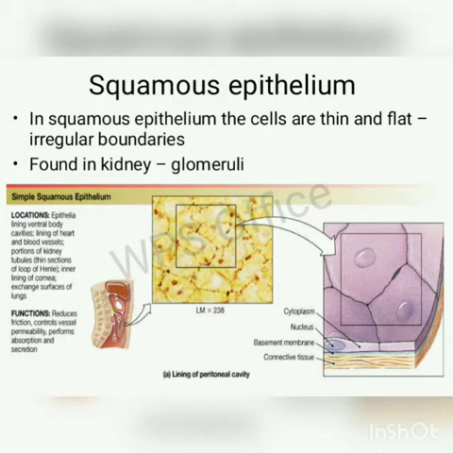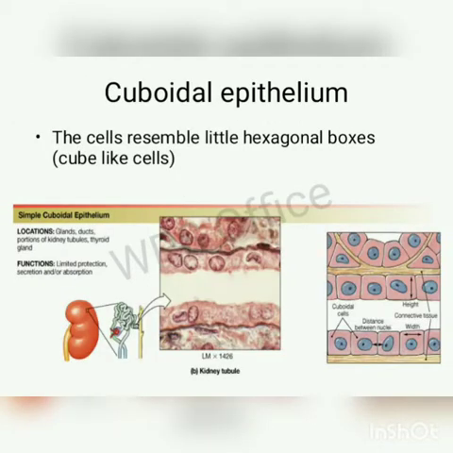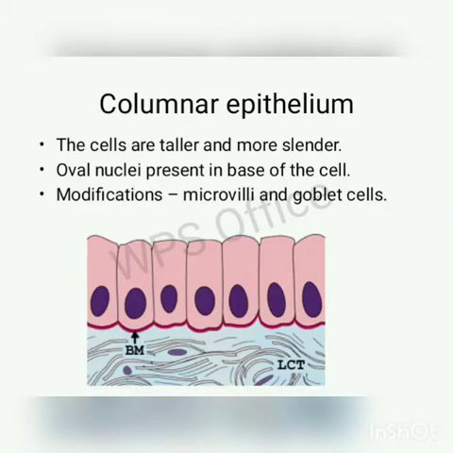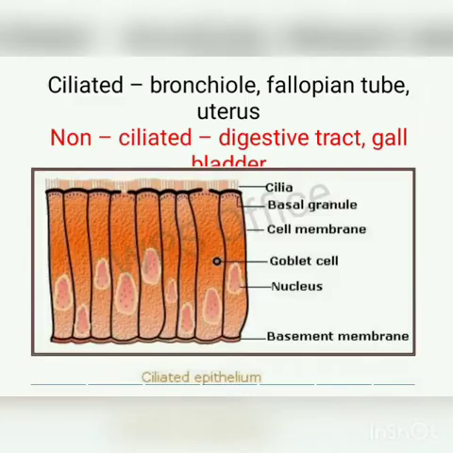They have irregular boundaries. Cuboidal epithelium has cube-like cells, which are found in most of the organs like the kidney. Columnar epithelium cells are taller and more slender with oval nuclei found at the base of the cell. It is modified into goblet cells.